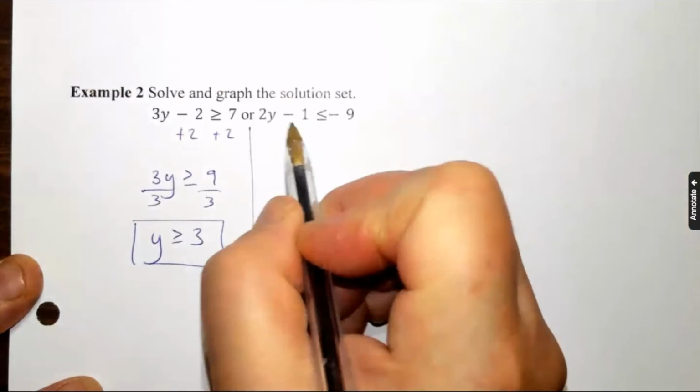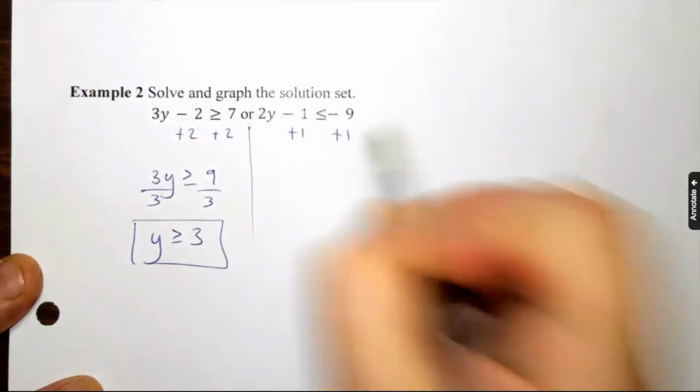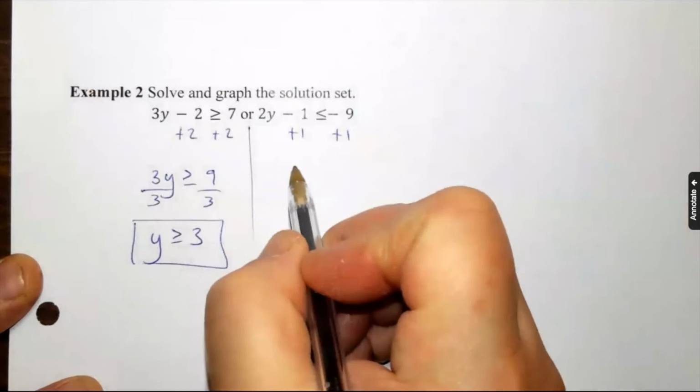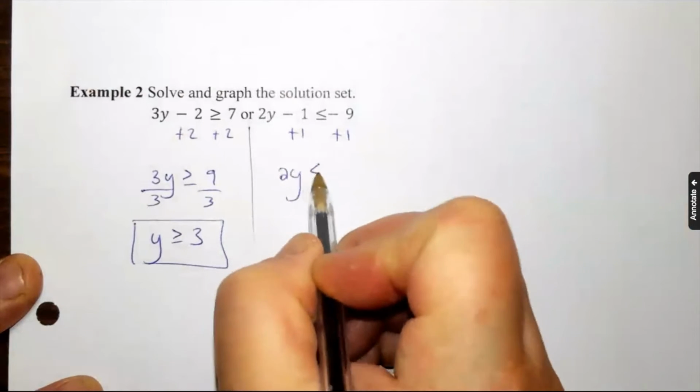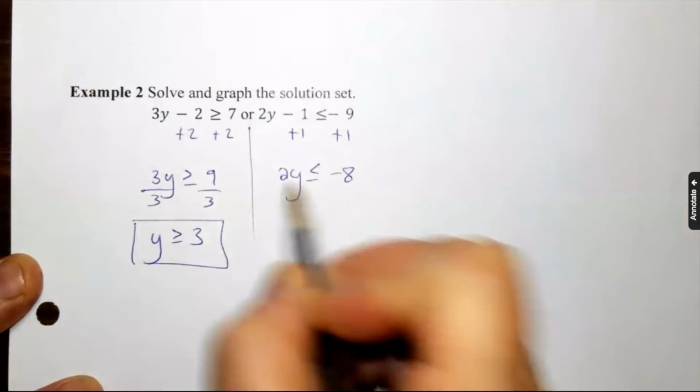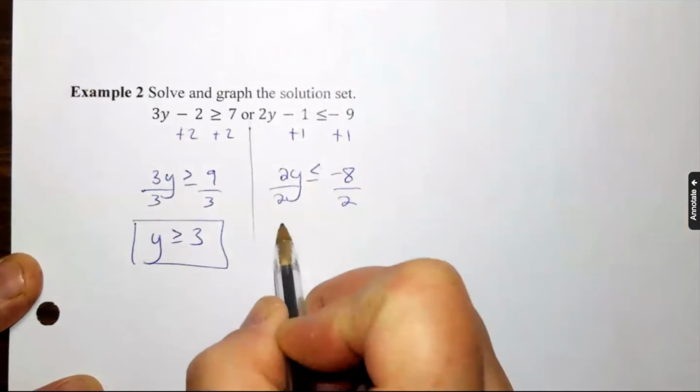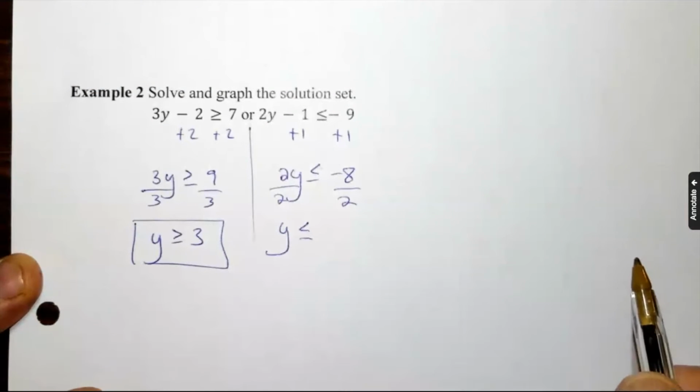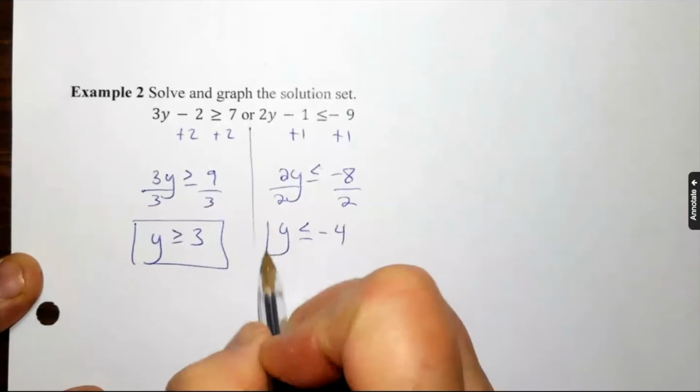Here, we're going to undo subtraction with addition to both sides of the inequality. We have 2y is less than or equal to -8. Finish undoing the multiplication with division, and we get y is less than or equal to -4.